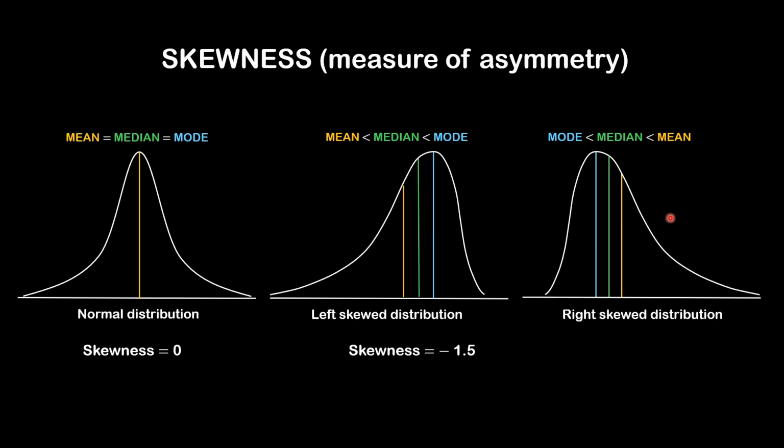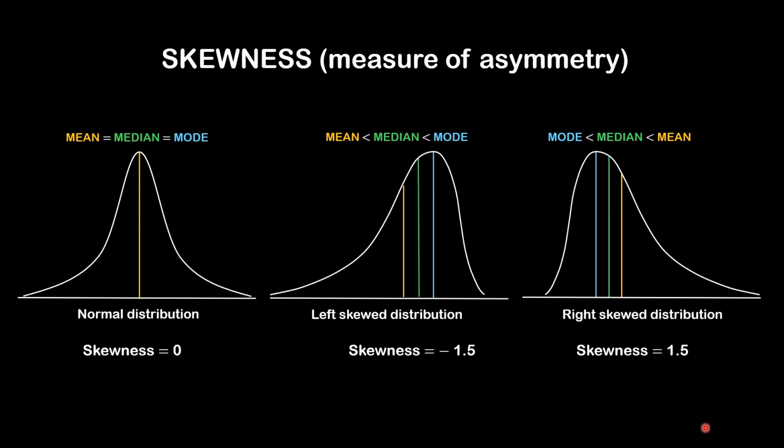And since there are many very large values of x and very few very small values of x, the mean is going to be greater than the median, which in turn is greater than the mode. In this case, the skewness is positive. So whenever you have a right skewed distribution, the skewness is positive.